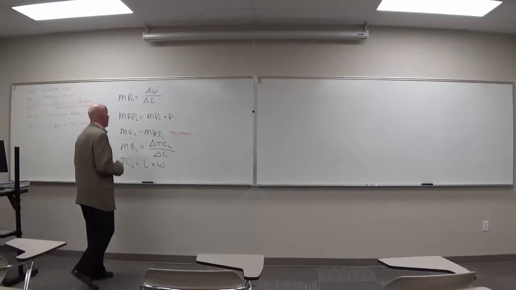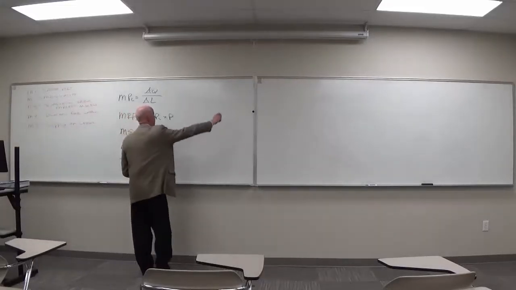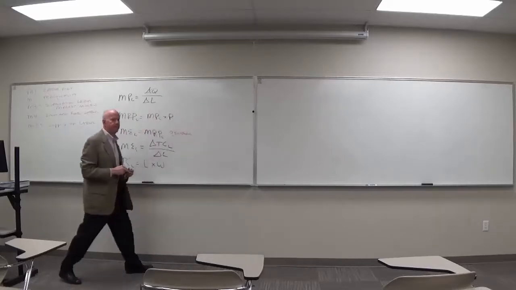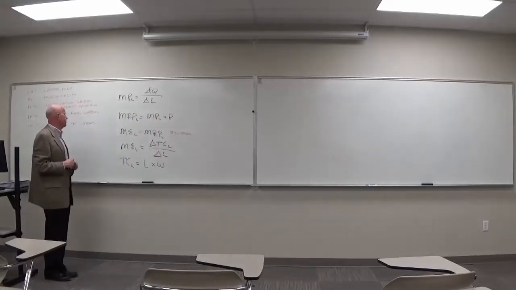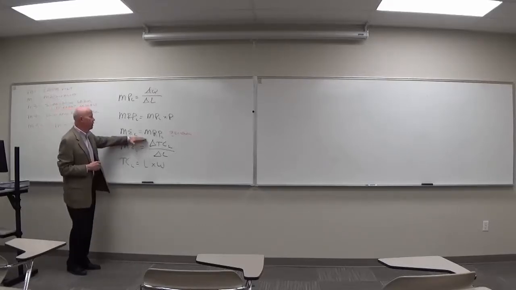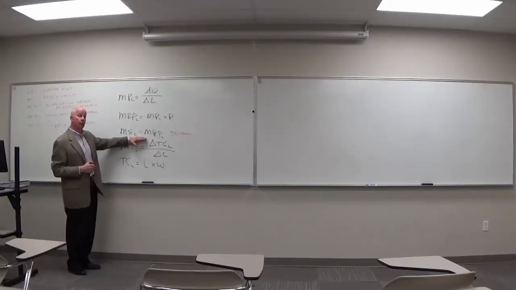What's a more competitive market condition? Question real quick. Yeah. ME of L is equal to MRP of L. Is that always, or is that only? No, that's when we are at optimal conditions. Okay, optimal.